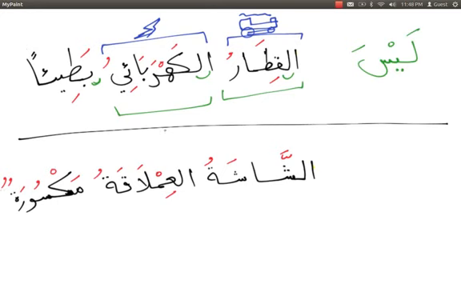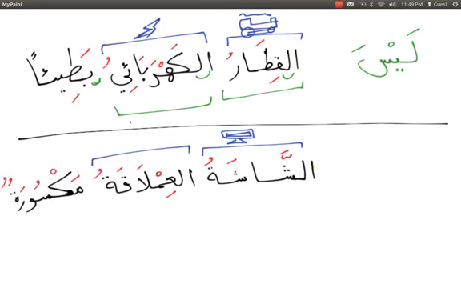Okay, word by word to translate this sentence. الشاشة, the screen. العملاقة, this is an adjective for شاشة, which is a screen, and it means huge, or giant.